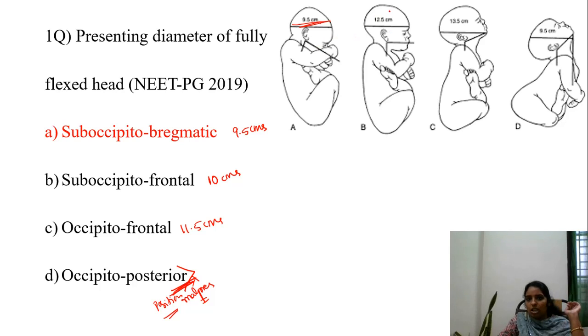The mentovertical is about 13.5 to 14 centimeters. So always in a flexed head, the presenting diameter will be suboccipitobregmatic, about 9.5 centimeters.